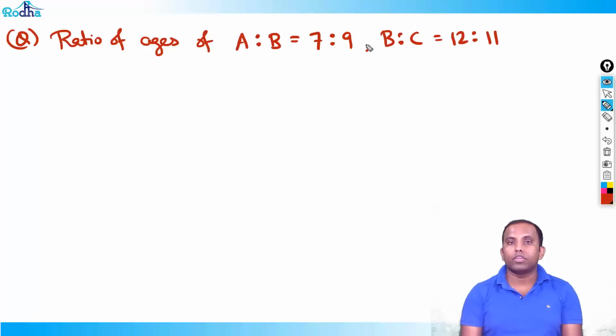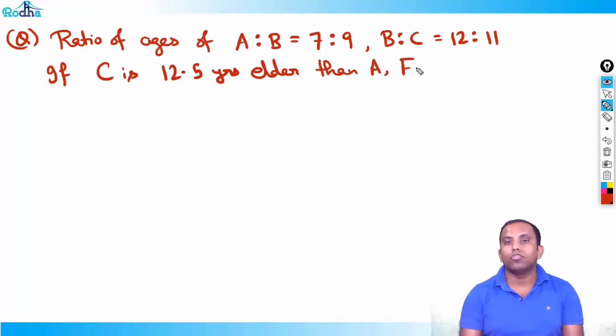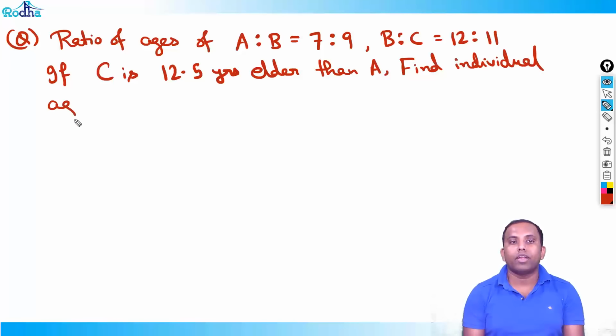If C is 12.5 years elder than A, then find the individual ages of A, B and C. You can solve this question easily now, I think.